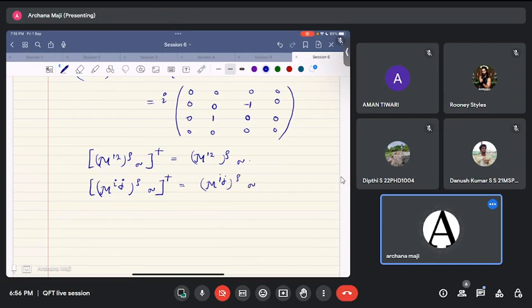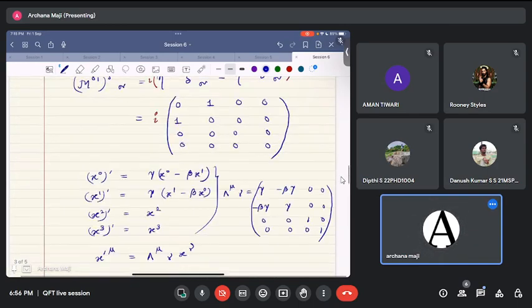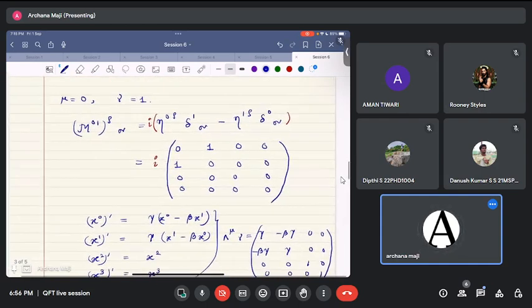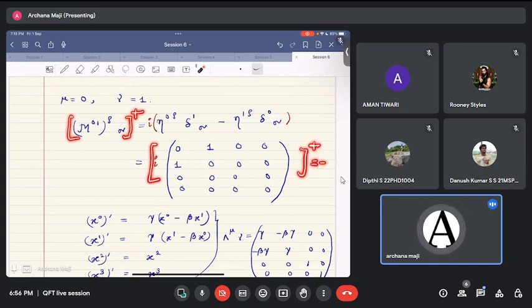So the generators corresponding to rotation are always Hermitian. But okay, I think here I was talking about real, but these are complex because of this I. So I wanted to mean that if you take dagger of this matrix, you will not get that matrix, but you will get minus of that matrix.